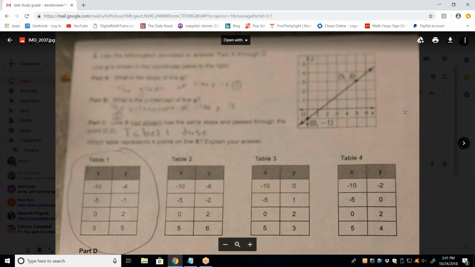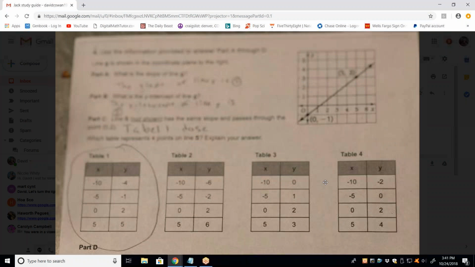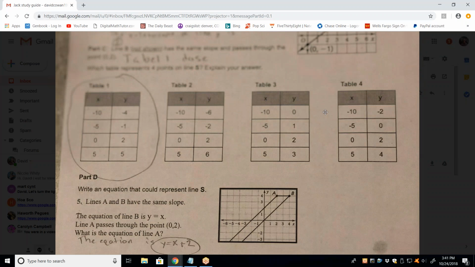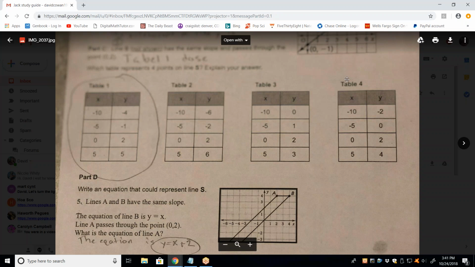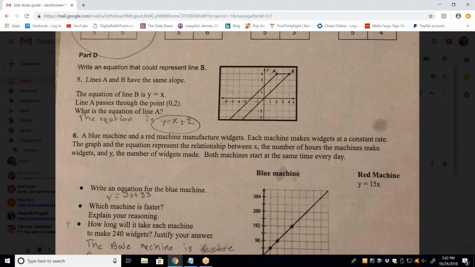Let's go on to D. And if we run out of time, I'll have you take a picture of the top half of this page and resend it to me. In fact, you should do that anyway. We want to talk about these. Okay. How do I do that? I don't know how to send stuff like that. You don't know how to take a picture with your camera and send it?